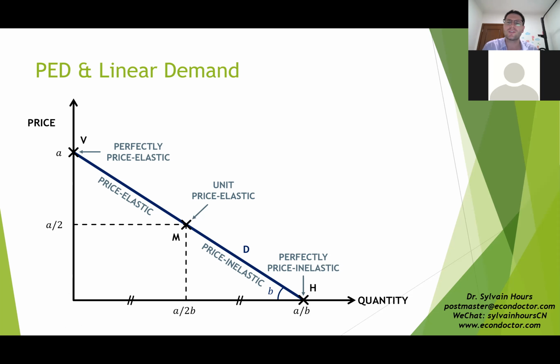So that's a huge percentage decrease in price. And as a result, the quantity demanded will increase just by a little. So that's why the demand becomes perfectly price inelastic.